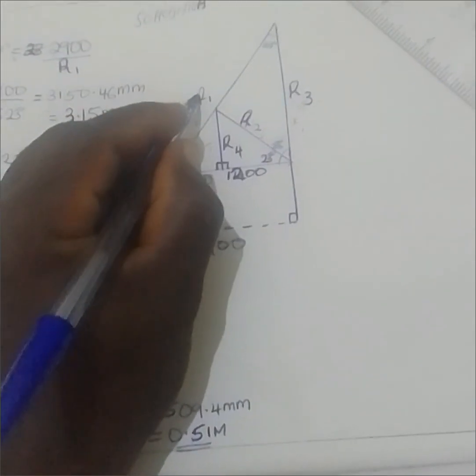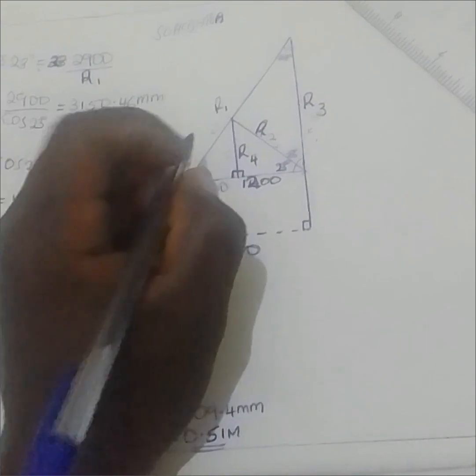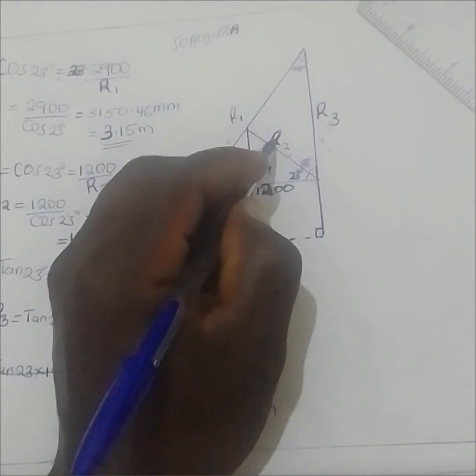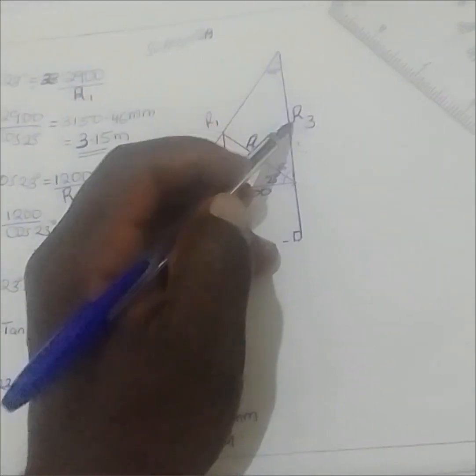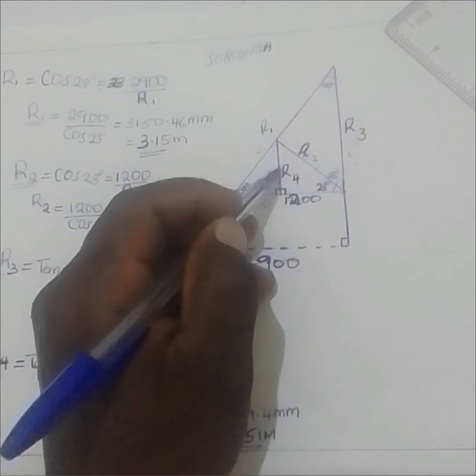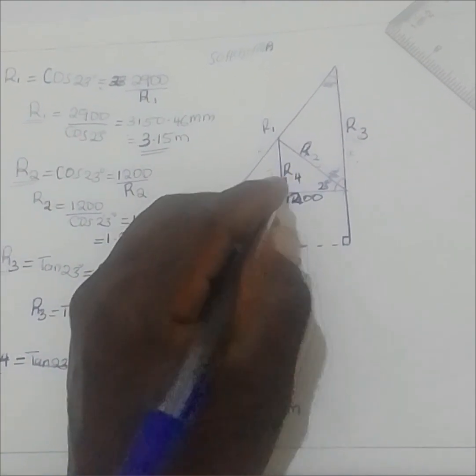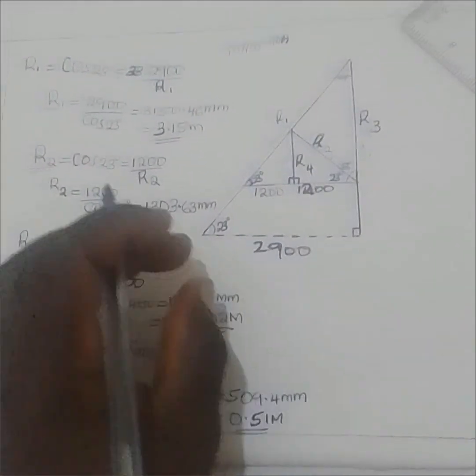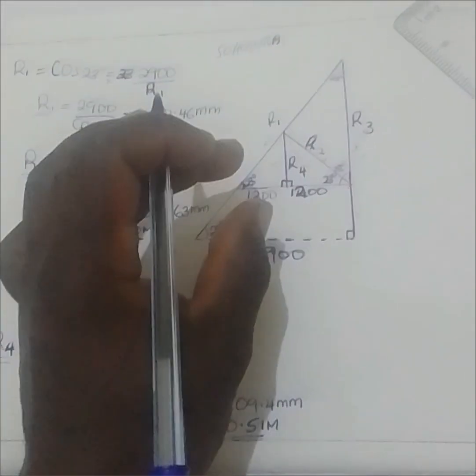So here we have R1, which represents the length of rafters, R2, which represents the length of strut, R3, which represents the length of kingpost, and finally R4, which represents the length of tie. So here we have the dimensions that I have already indicated.